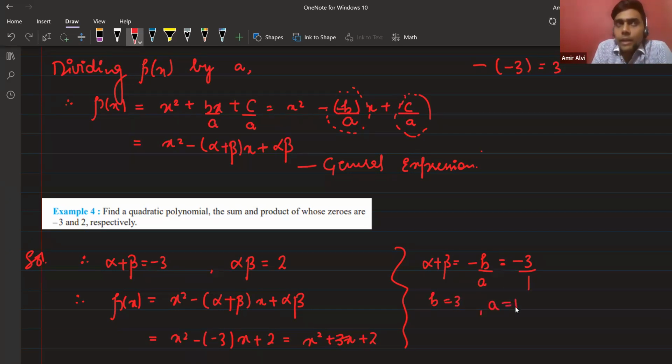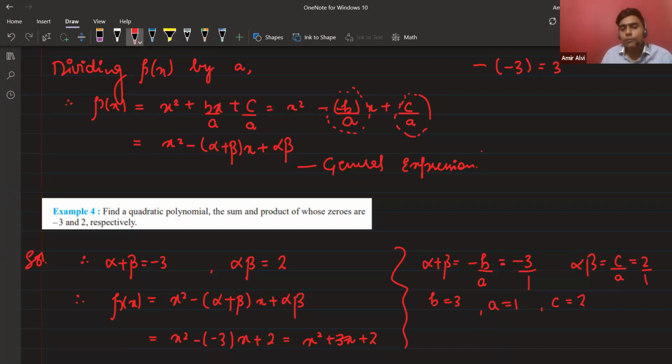Am I right? Yes. Alpha into beta can be written as c by a, which is equal to 2, so 2 by 1. Which is basically c is equal to 2, and already we have a equal to 1.